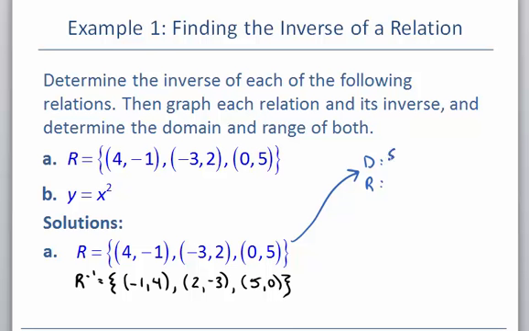So the domain in the original relation would be 4, -3, and 0. Those would be our x values. Our y values would be the range. So -1, 2, and 5.